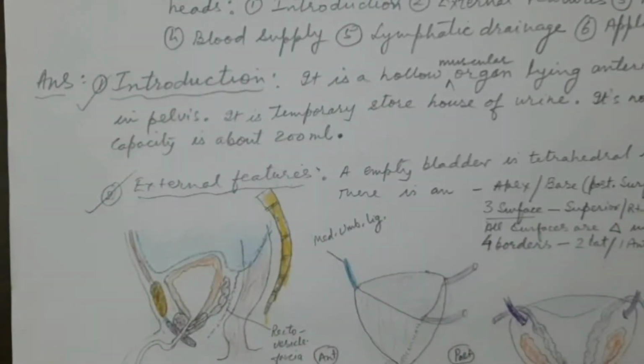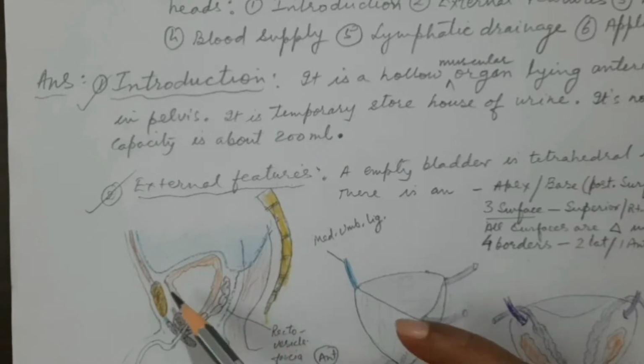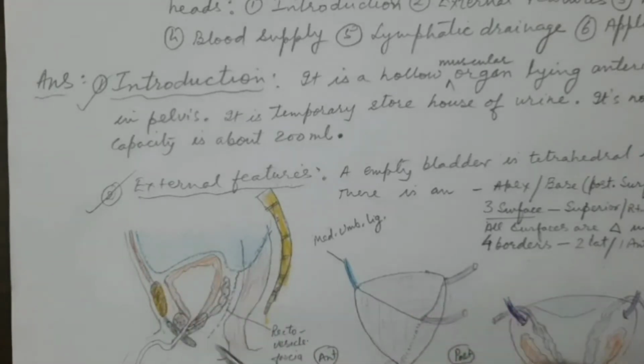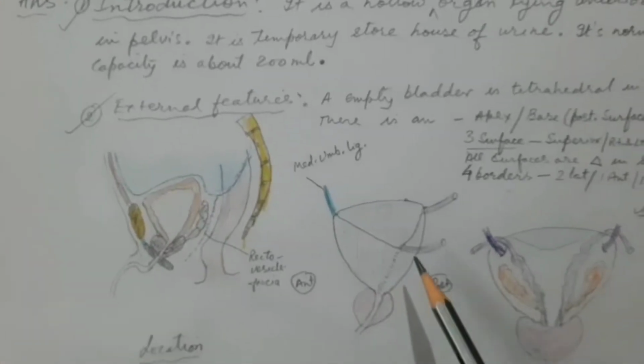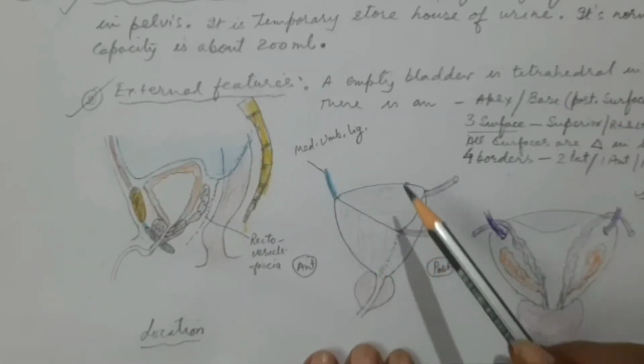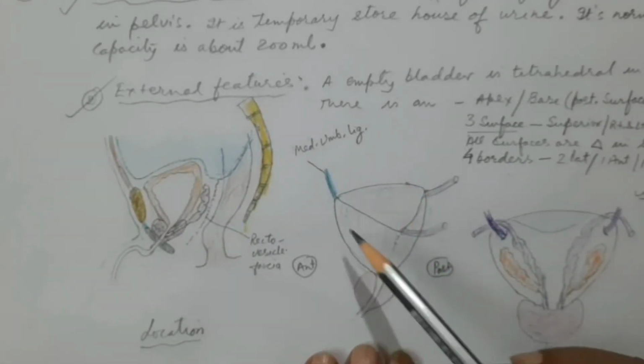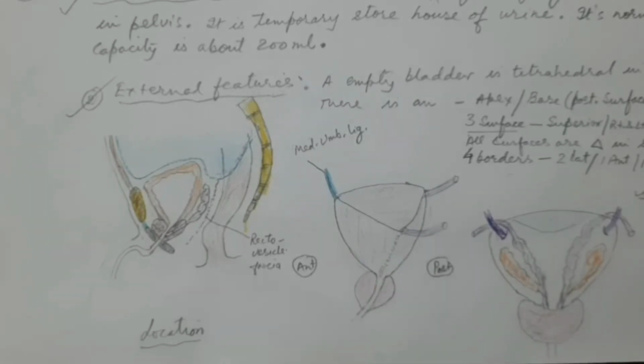When the urinary bladder is empty, it is tetrahedral in shape. You can see it has many surfaces, and almost all surfaces are triangular in shape.